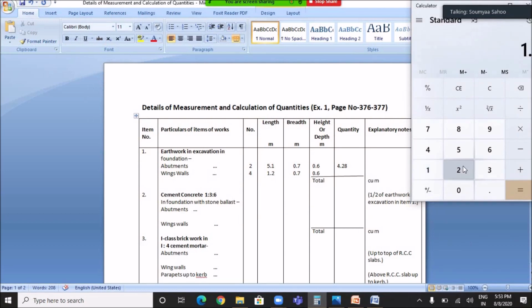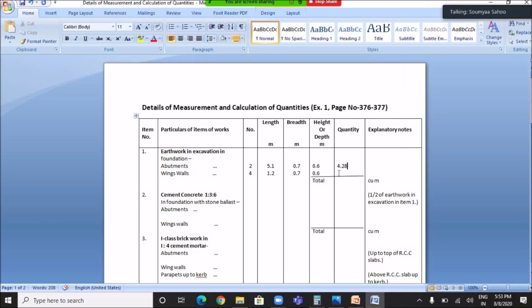So 1.2 meter multiplied with 0.7 meter multiplied with 0.6 meter multiplied with the number of wing walls, that is 4, equals to 2.016. So I will round it to 2.02 cubic meter.